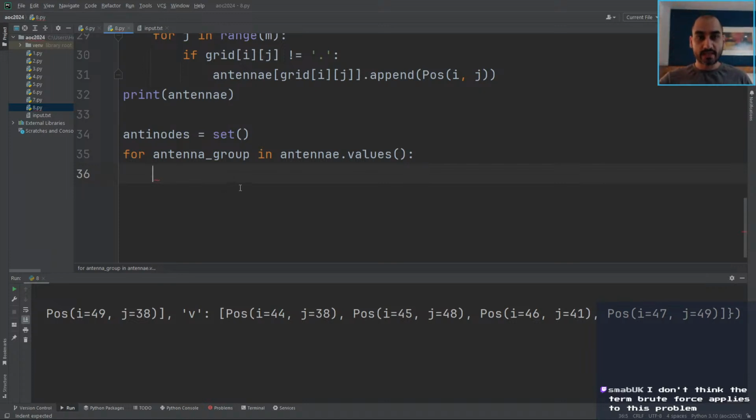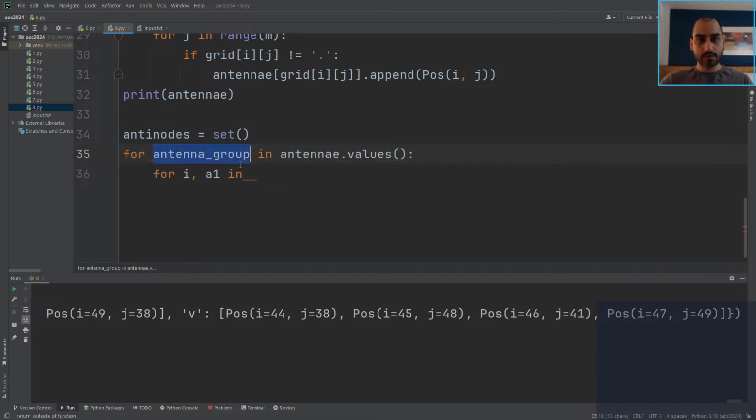Alright, so for antenna group in antenna.values, I guess we just want to do for I, A1 in enumerate antenna group. Wait, how would that work?